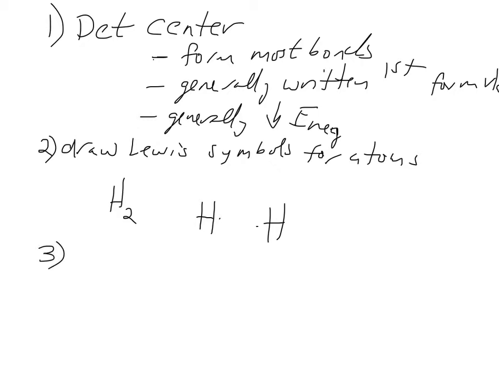Step 3 is connect the dots. So I've got 2 dots here. I'm going to connect them. That's step 3. You connect the dots. Make sure that everybody is bonded. Okay?